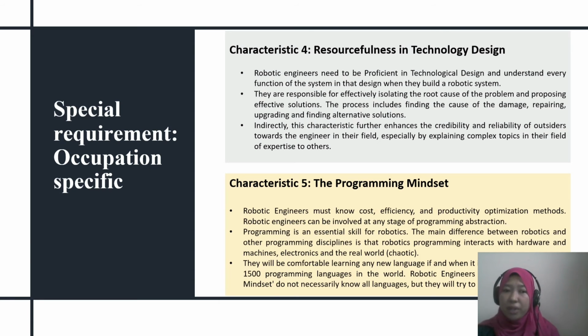They also have, in characteristic 5, the programming mindset. In this characteristic, robotic engineers must know cost, efficiency, and productivity optimization methods. Robotic engineers can be involved in any stage of the programming abstraction.